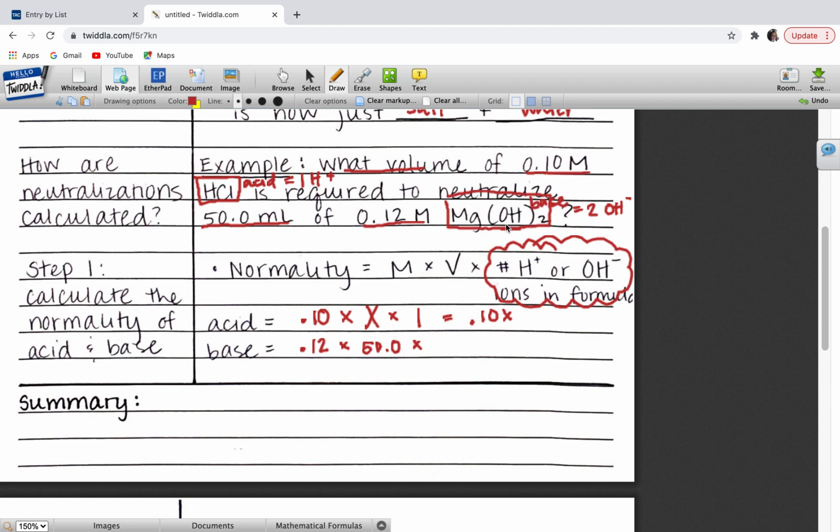Every time this guy falls apart, we're going to get 2 hydroxides. So I'm going to multiply it by 2. 50 times 2 is 100. 100 times 12 hundredths is going to be 12. So this is the normality of my acid. This is the normality of my base. Okay? Easy stuff.